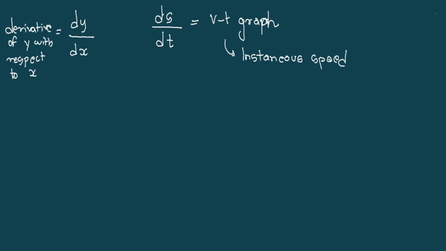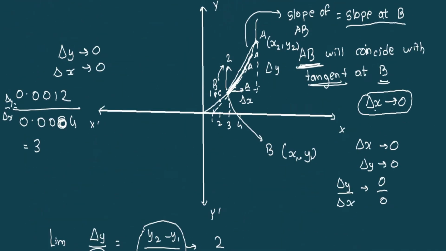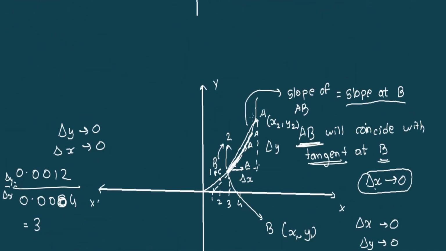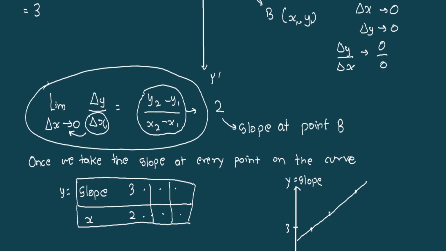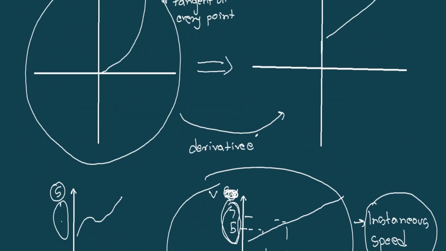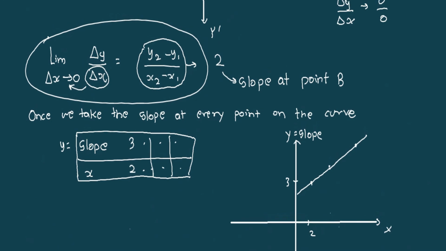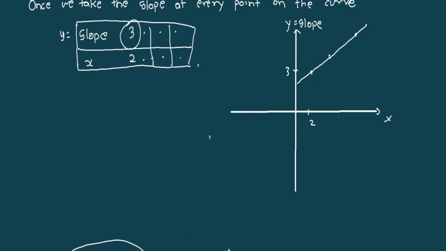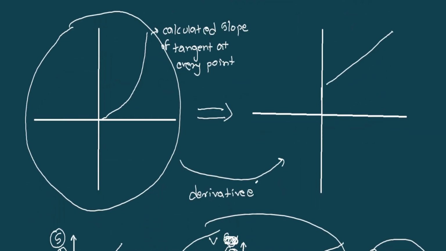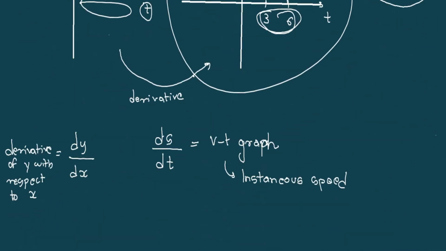Because remember, in this case, when AB tends to 0 or delta x tends to 0, at that particular point, it will come to the tangent at point B. And so we calculated it using limits. And after that, what did we get? We got the slope. Yeah, we got this particular slope. And then we plotted the slope on another graph. And we found that this graph is said to be the derivative of this graph. Yeah.